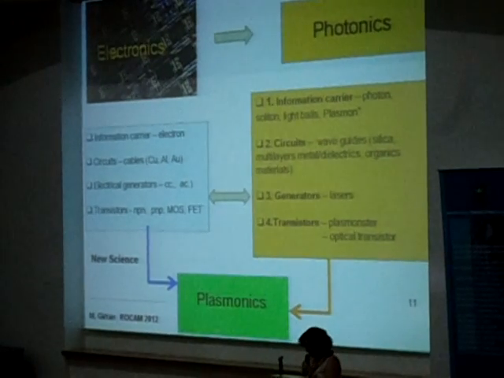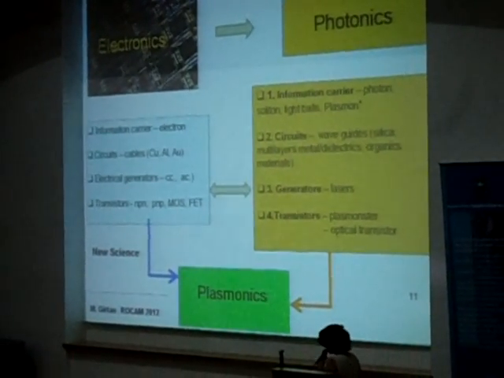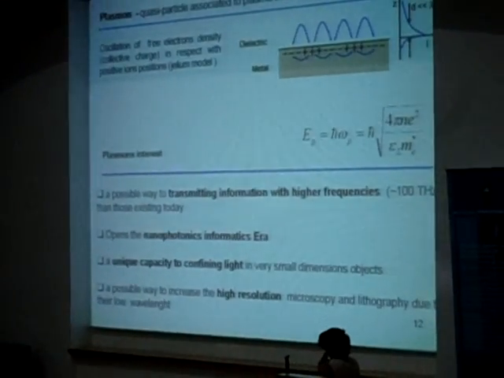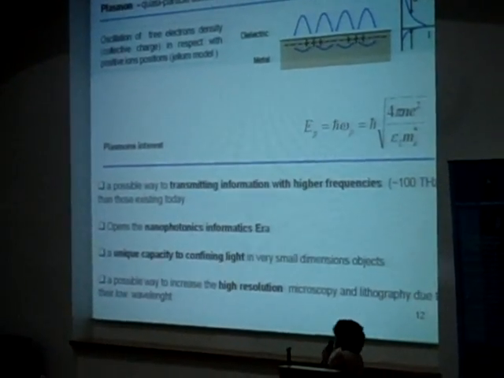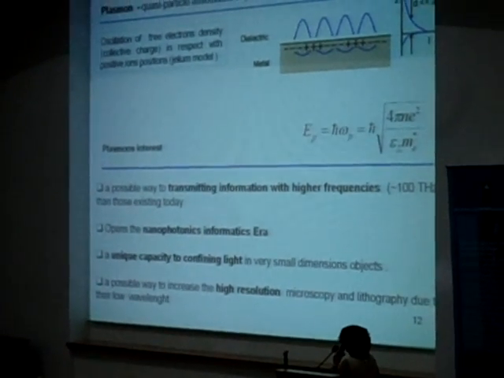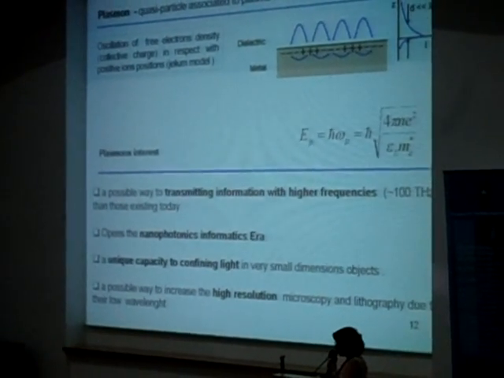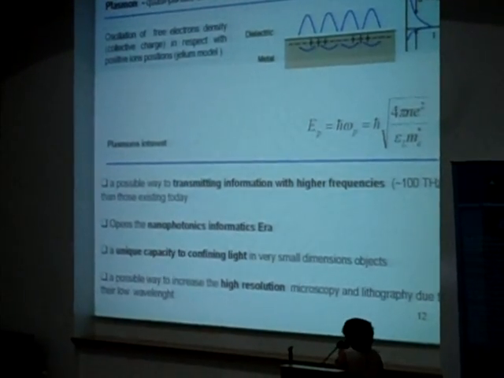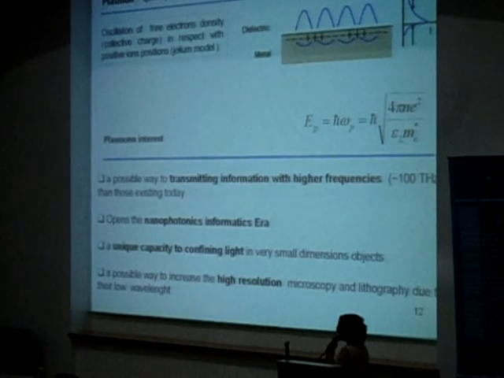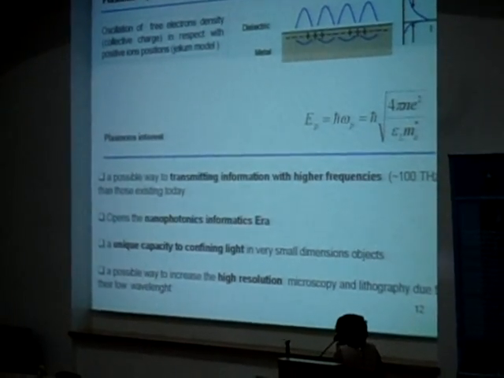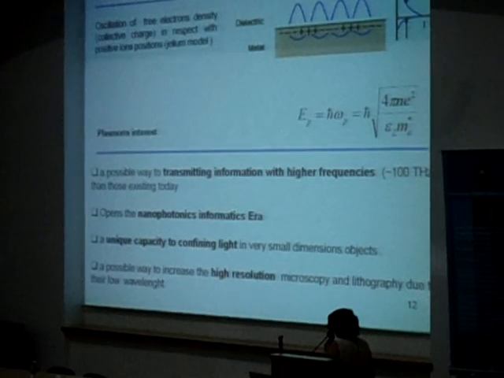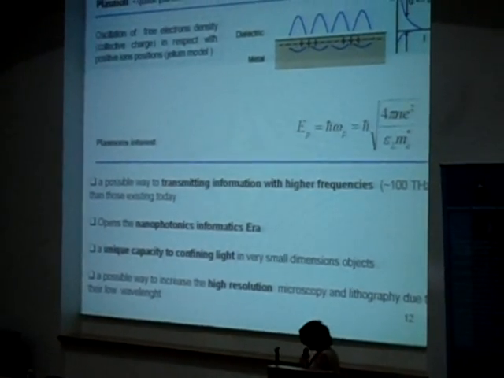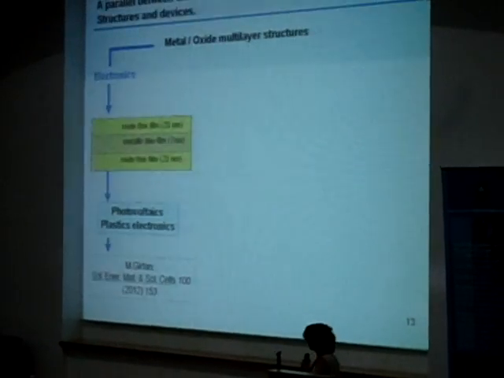So we can imagine that we will have a new science emerging, which is plasmonics, which already exists. So why is plasmon interesting? Because it permits transmitting information with higher frequency than exists today, and opens also the area of nanophotonic informatics. It also has a unique capacity for confining light in very small dimensions.